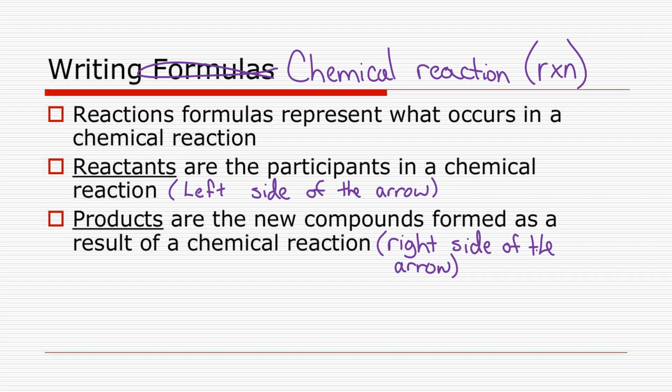All chemical reactions will have a generic format. It's going to be something like A plus B reacts to form AB squared, something like AB with subscript 2 or something like that.